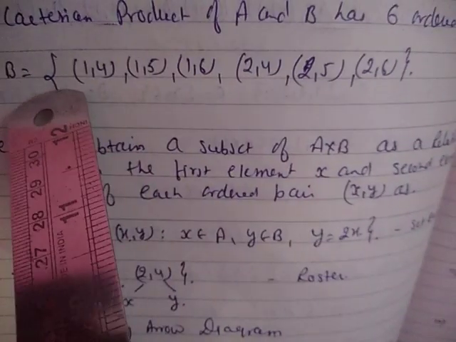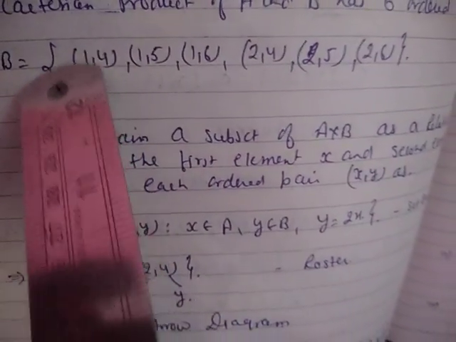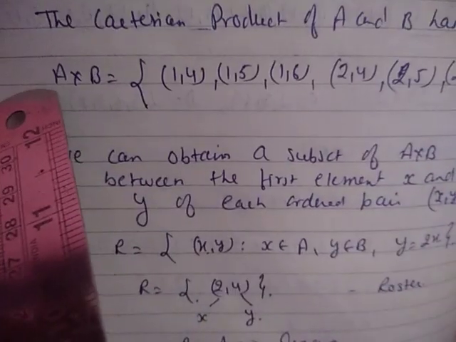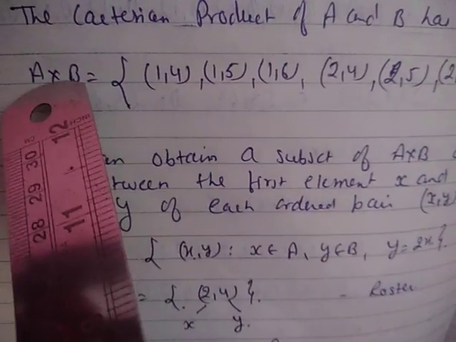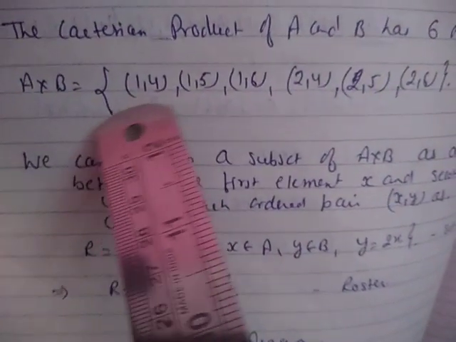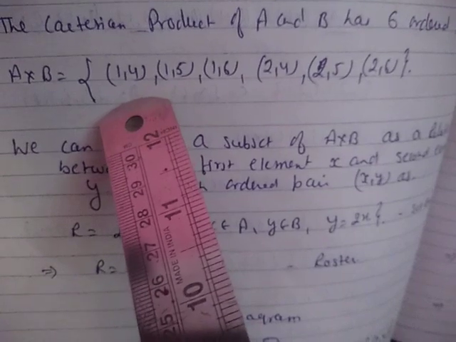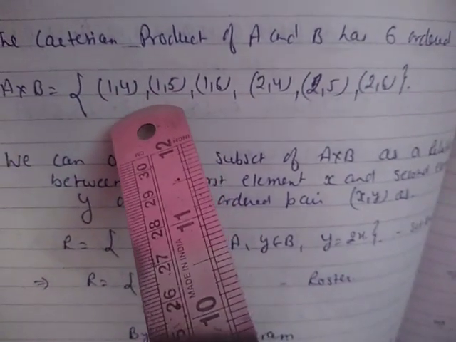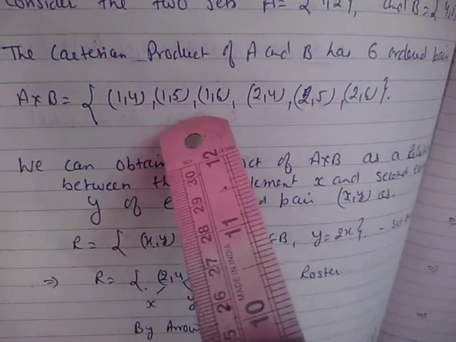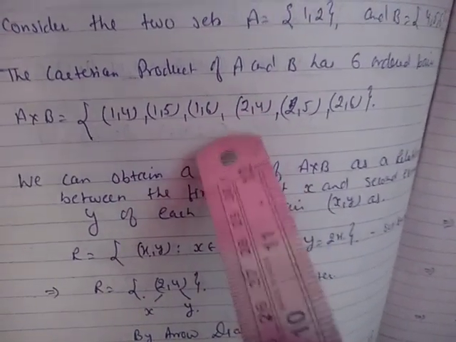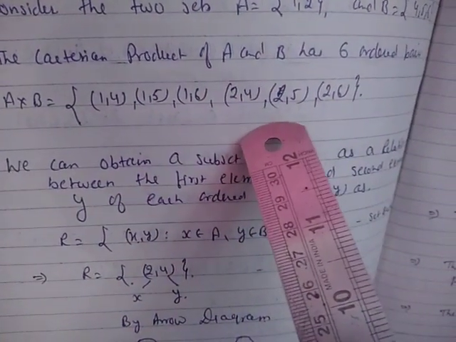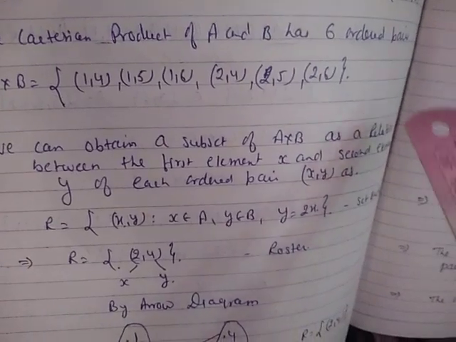Ordered pair, that is, (1,4). (1,4) is the ordered pair where 1 belongs to set A and 4 belongs to set B. These ordered pairs are responsible for making a relation. Relation means 1 is related to 4, 1 is related to 5, 1 is related to 6, 2 is related to 4, 2 is related to 5, 2 is related to 6.